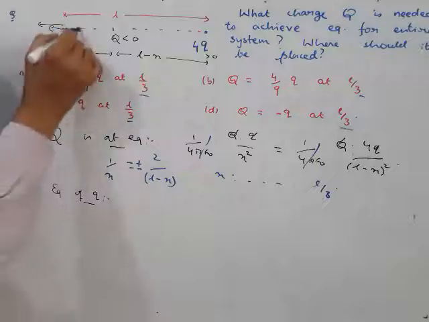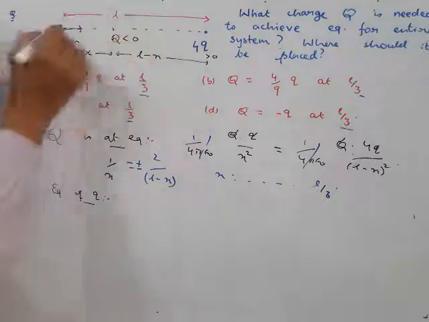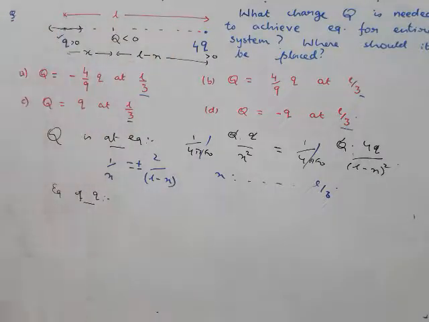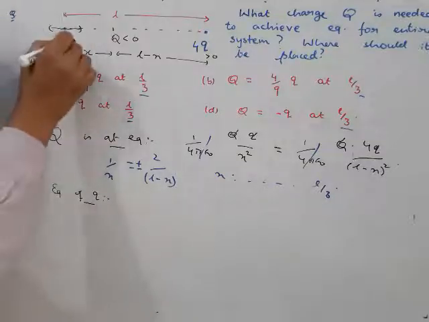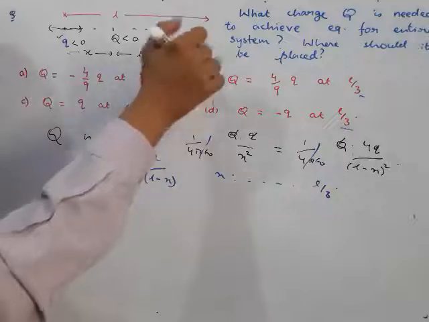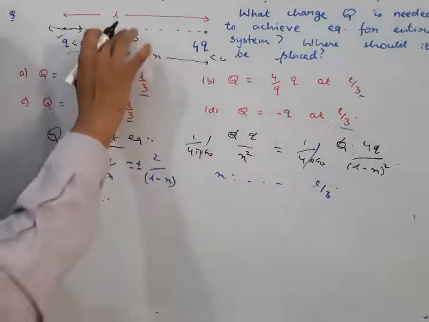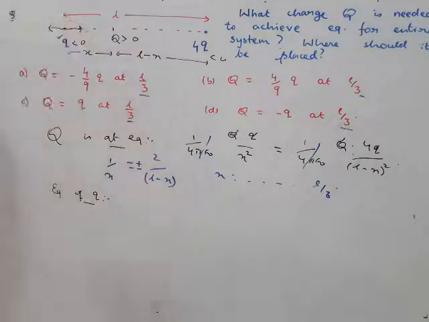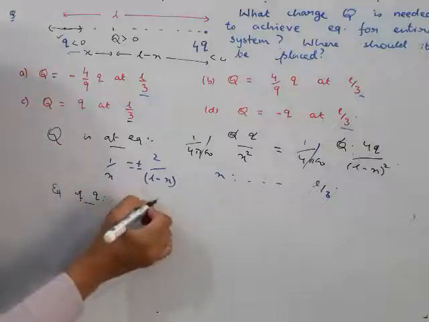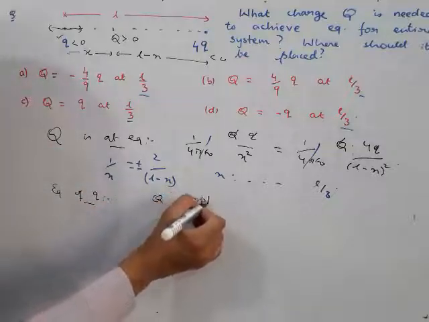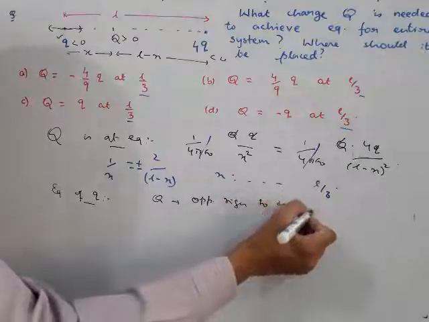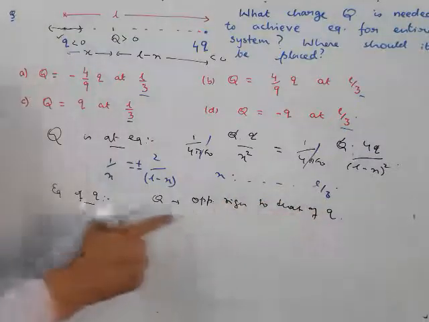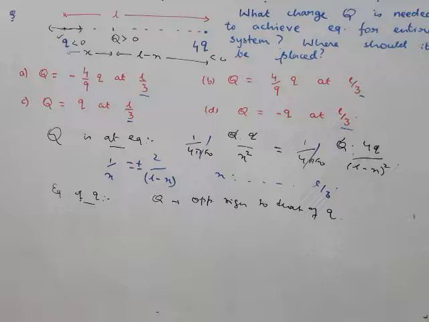Then this will attract and 4q will repel. You might ask, why did you take this positive? Don't take. If q happens to be negative, 4q will be negative. In that case, capital Q happens to be positive. What I mean is, capital Q must have opposite sign to that of small q. If q is positive, this has to be negative and so on.